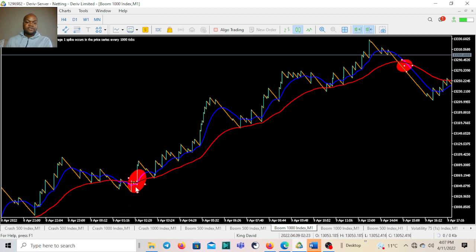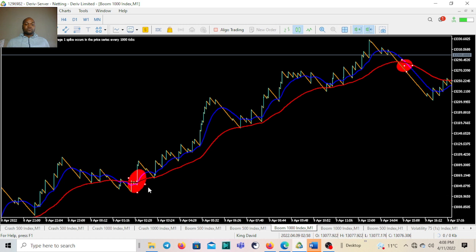I'm going to give this as an example for a buy condition. For your buy, like I explained, the blue line has to cross above. On this section, we have the blue line crossing above the 200, which is the red line. You can see the blue line crossing above here, that's when you buy.